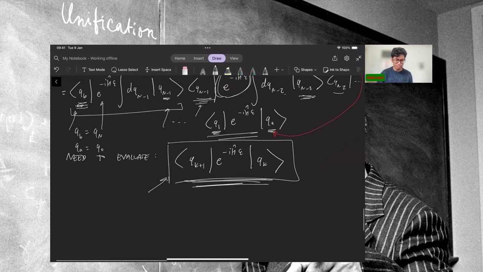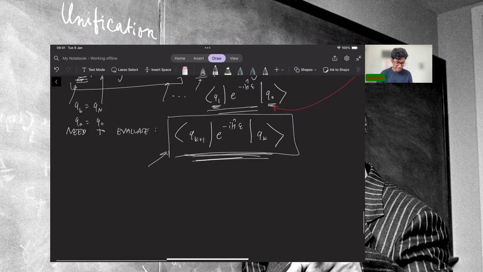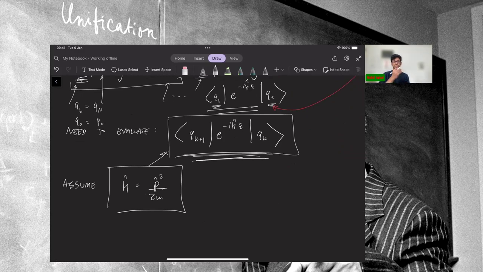To make my life easier, I'm going to assume that the Hamiltonian H equals P squared over 2m. In other words, it's a free particle, there's no potential. You don't need to assume that. In fact, I encourage you to put the potential back and see what happens.